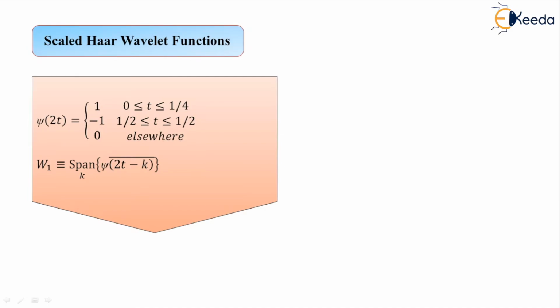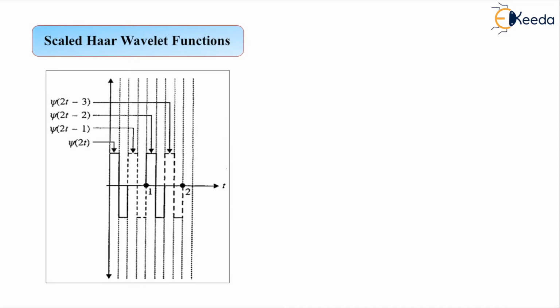I will show you a few of the individual bases in the functional space capital W1. In the illustration, in general what we have talked of as psi of 2t minus k, we have originally psi of 2t minus 0. The original representation was mathematically expressed on the previous slide also. We have amplitude 1 for this much duration, and then amplitude minus 1 for the next duration.